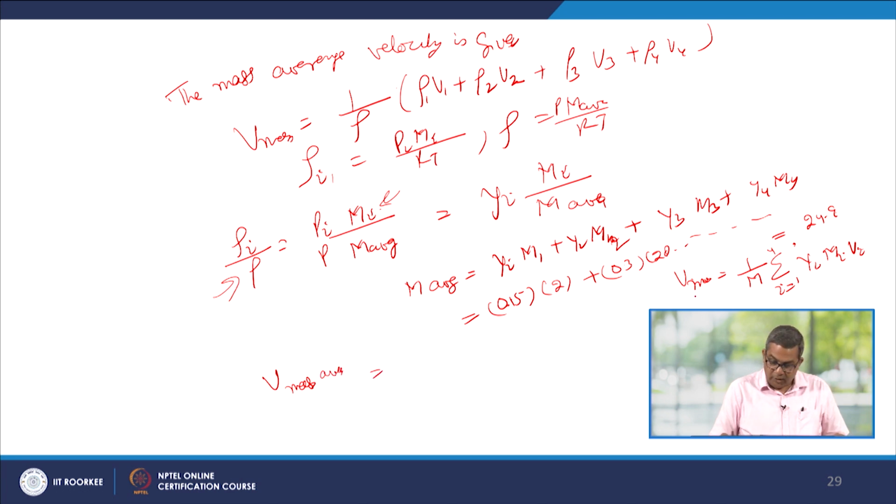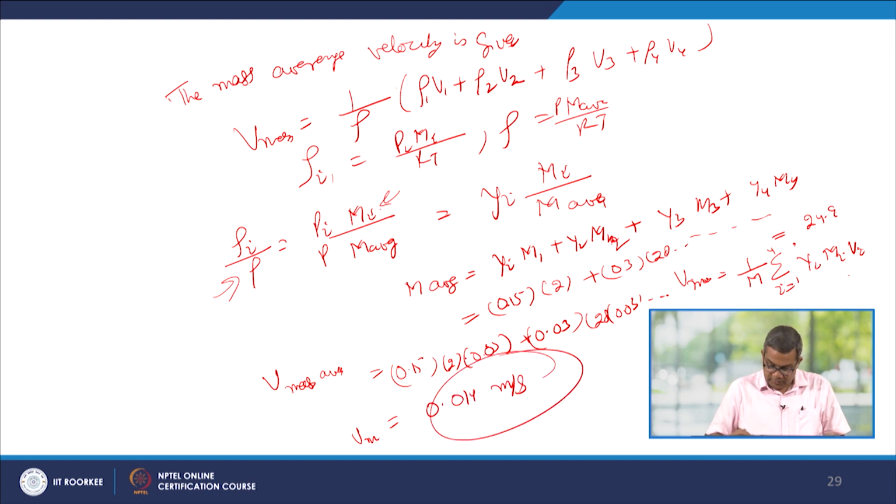If we substitute all the values given, 0.15 into 2 into 0.05 plus 0.3 into 28 into 0.03 and so on, V mass average comes out to be 0.14 meter per second, and that is our answer.